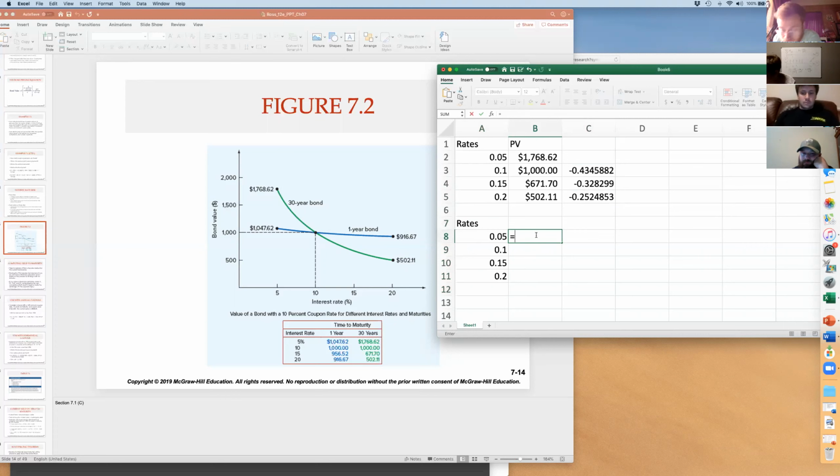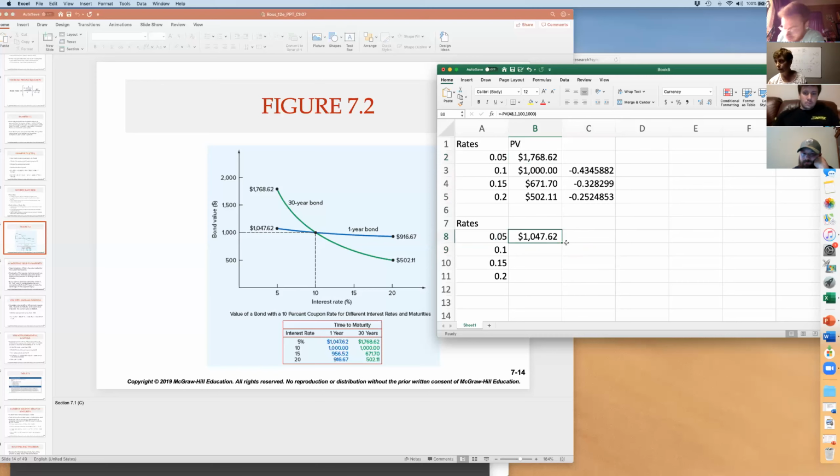And the price, and I'm going to put a minus sign in front of it so I don't have to worry about the negative. The price at 5% for a 1-year bond with a coupon of $100 and a future value of $1,000 is far less, number one, than the 30-year bond was, right?